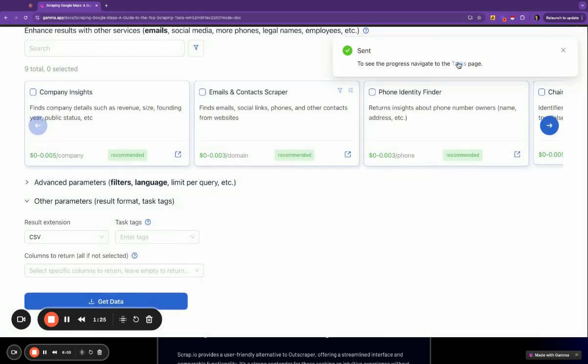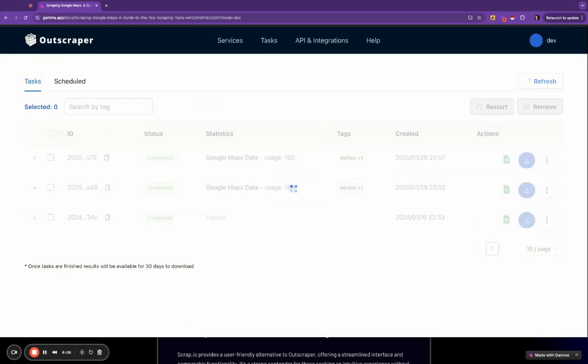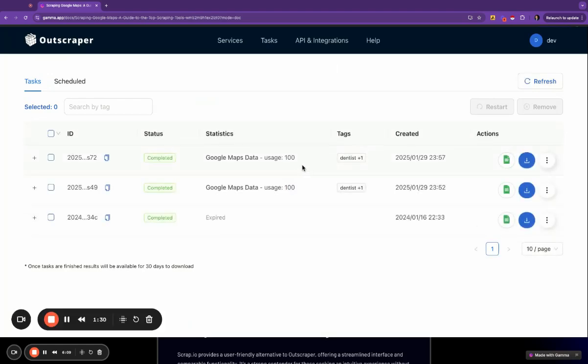And then the only drawback here, along with the pricing structure being a little bit difficult to understand if you're using all the different enrichments, is that it doesn't necessarily have the best accuracy in contact data. One of those enrichments is to enrich it with contact data.